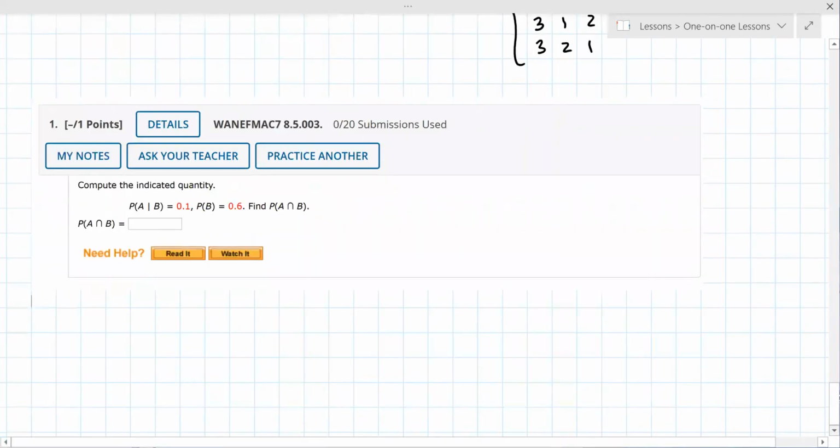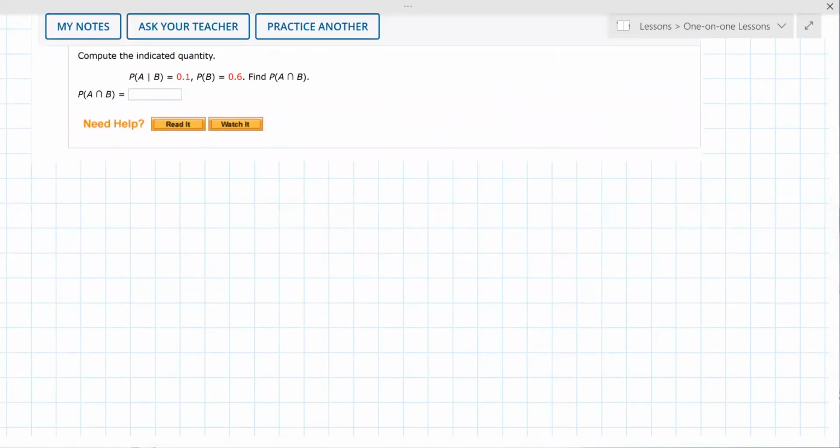All right, so find the indicated probability.